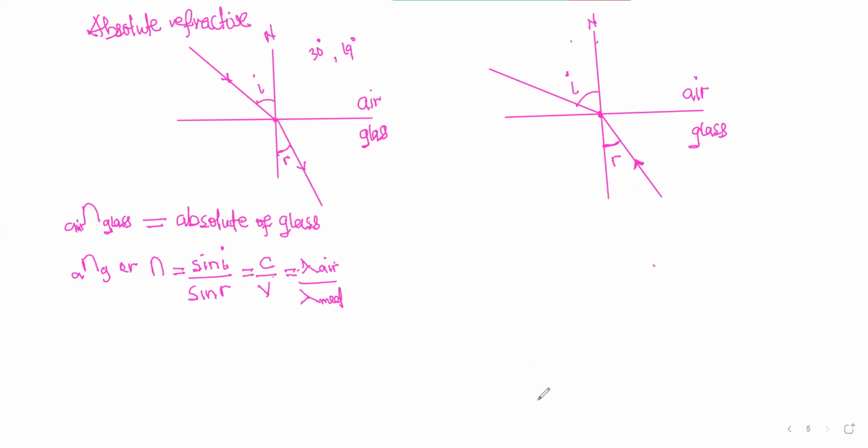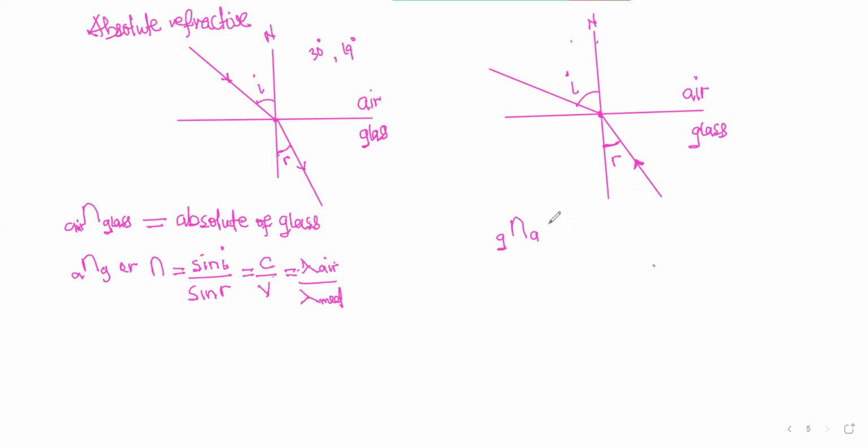Now I want to take the refractive index. And this one, because the path is reversed, we call this the reversed refractive index, as light travels from glass to air.